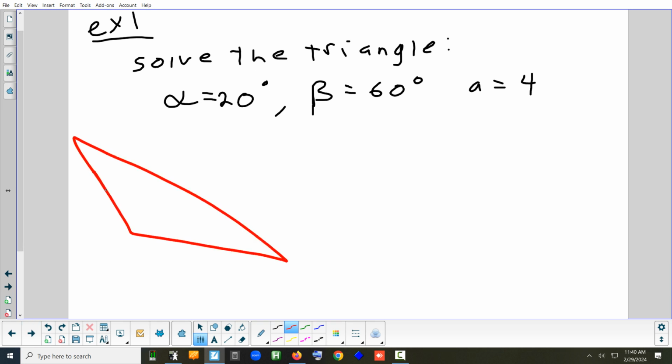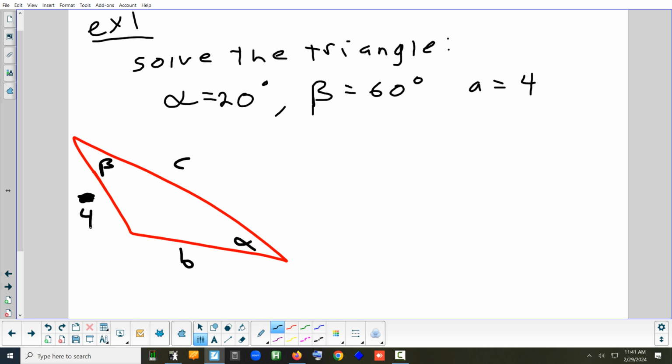First thing we want to do is draw it and see if it's law of sines or law of cosines, because when we do the next test next week, you're going to have some of each. Obviously, this week, you know it's always going to be law of sines. A, B, C, alpha, beta. Let's start with A. Are we given that? Yep, what is it? 4. So I'm going to make that a 4.